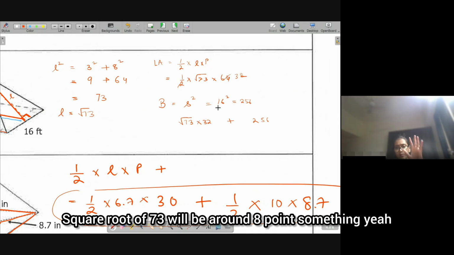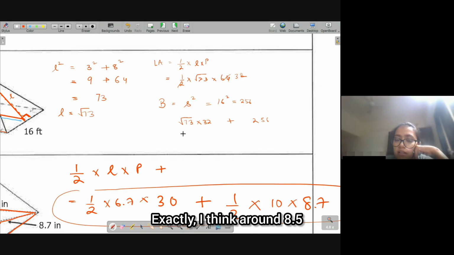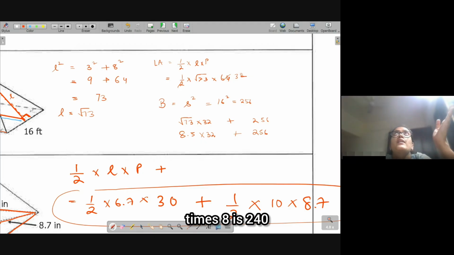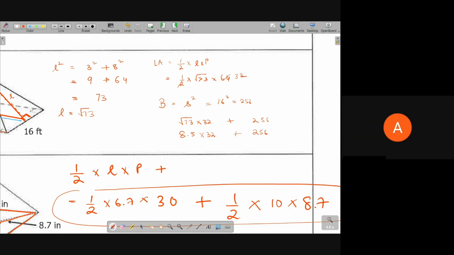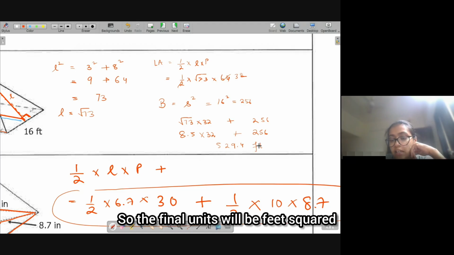The square root of 73 will be around 8 point something, I think around 8.5, times 32. So 30 times 8 is around 240. I got 529.4. What are the units? We have feet, so the final units will be feet squared, approximately.